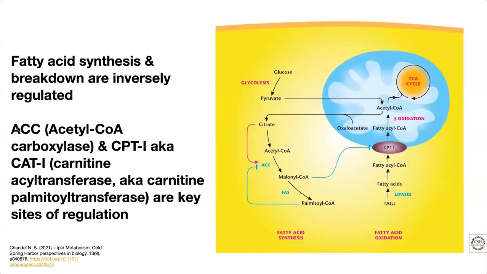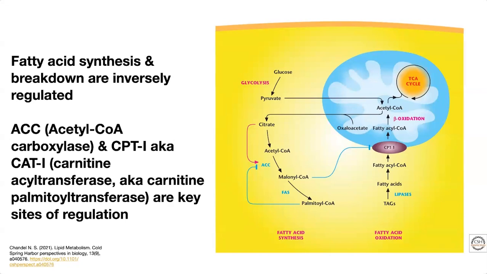Sometimes this enzyme is also called CPT1. CAT1 stands for carnitine acyltransferase, but remember, our default fatty acid was palmitate. So we have carnitine palmitoyl transferase, so you also see it called CPT1.